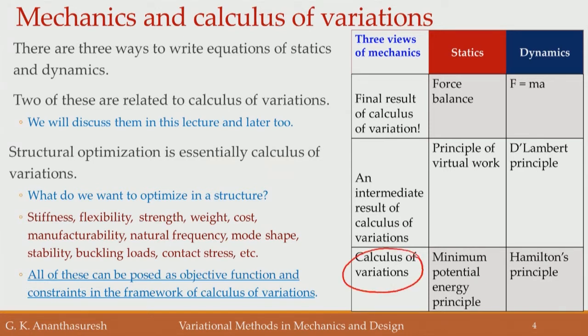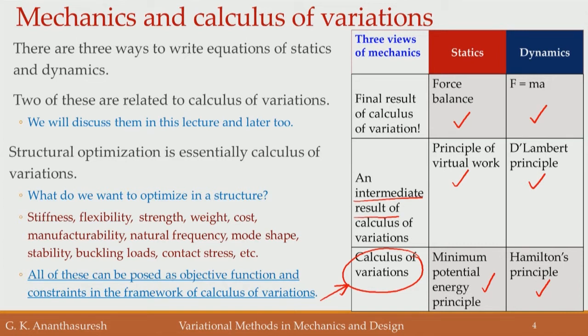That basically gives you minimum potential energy principle and Hamilton principle, and then we put something called an intermediate result, and that actually leads to principle of virtual work and D'Alembert principle. And the third one is the final result, or rather where we write differential equations, and that gives you force balance, and in the case of dynamics Newton's second law. So, all of this starts from calculus of variations.